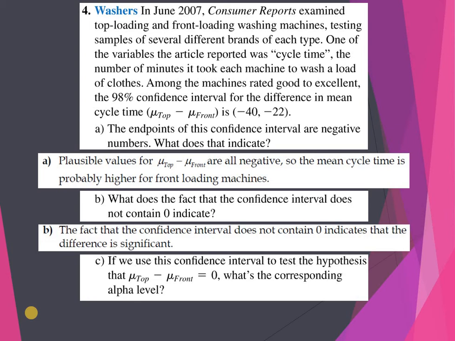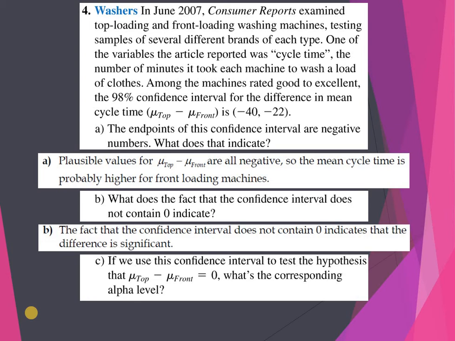If we use the interval to test the hypothesis, what would be the corresponding alpha level? What do you think? 0.01? What is your alternative hypothesis going to be?